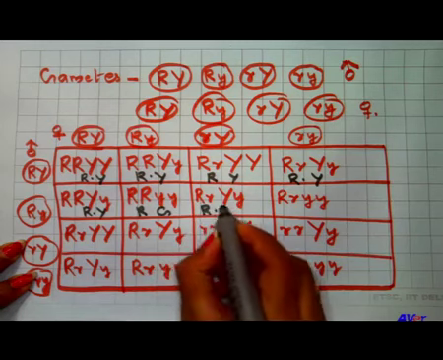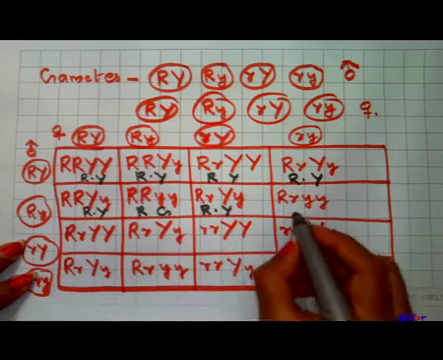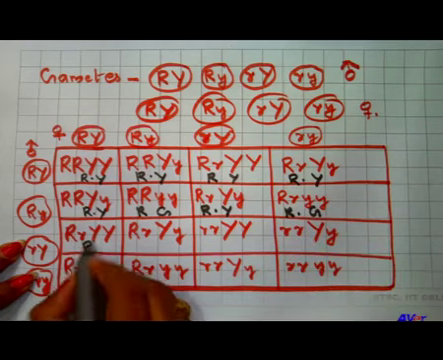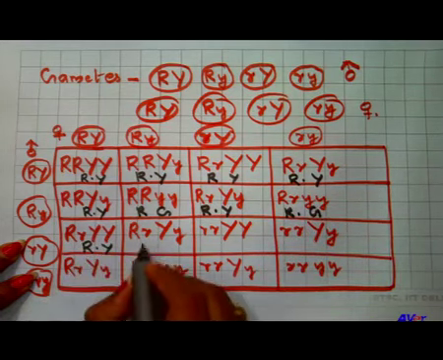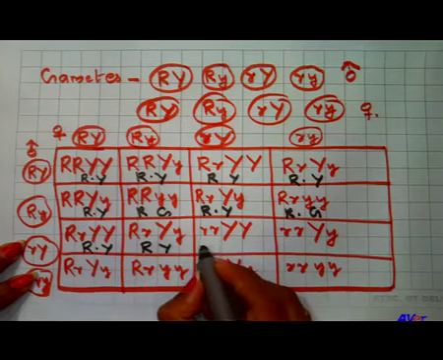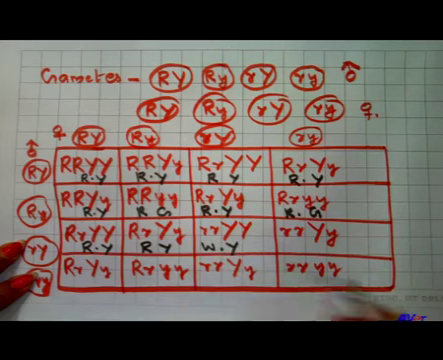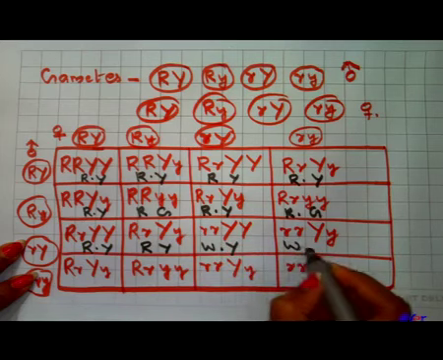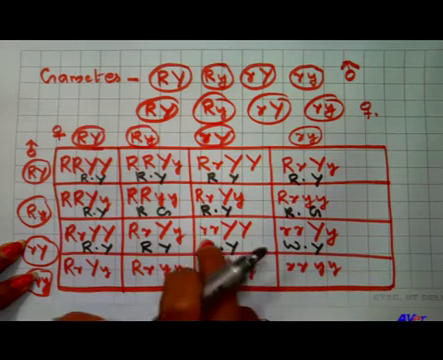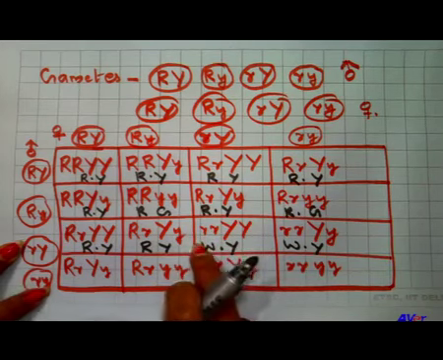This is round yellow, round green. This one round yellow, again round yellow. This is wrinkled yellow. This is also wrinkled yellow, because wrinkled is controlled by the small r gene, a recessive gene.